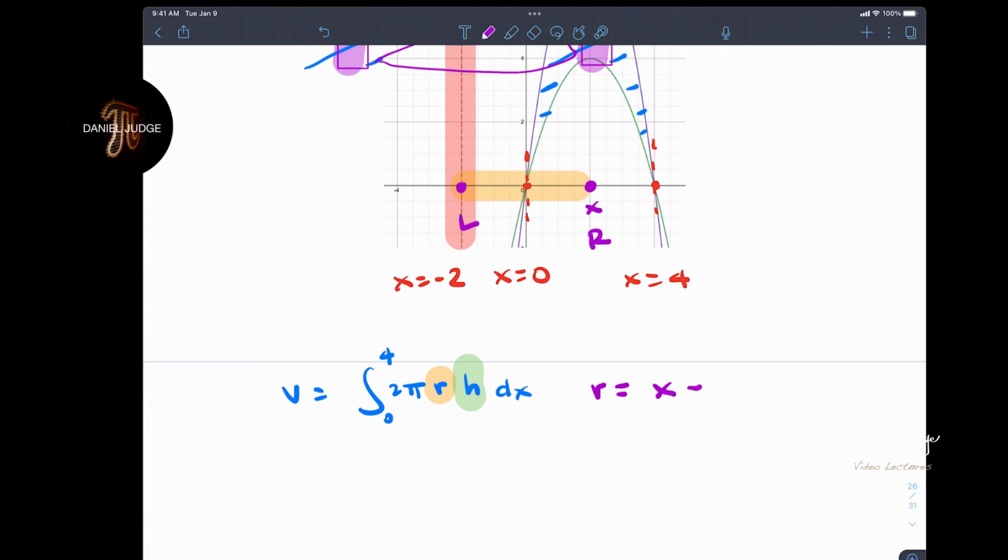So you have x minus -2, because -2 down here is the left value. So your radius now will be simply x plus 2. It is the right value minus the left value.